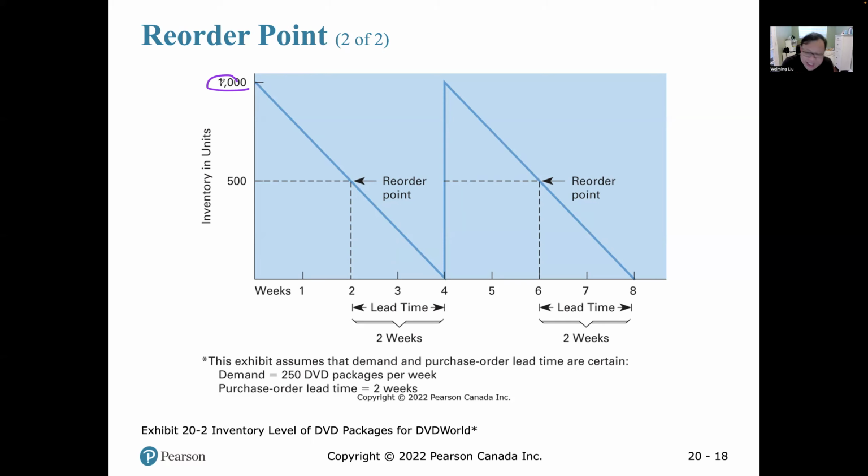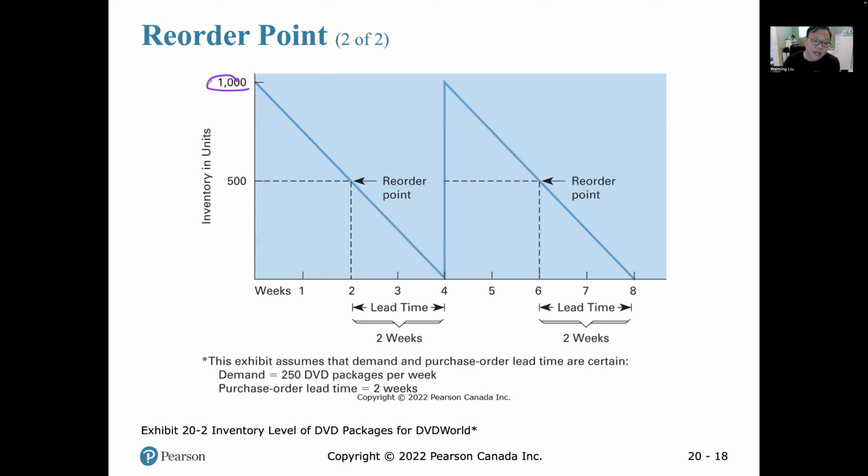So if I know the lead time is 2 weeks, so by the time I place the order till the new order comes into my inventory, that time is 2 weeks. If I want to get my new 1,000 units at the end of the first 4 weeks, I need to order 2 weeks ahead of time. Right?